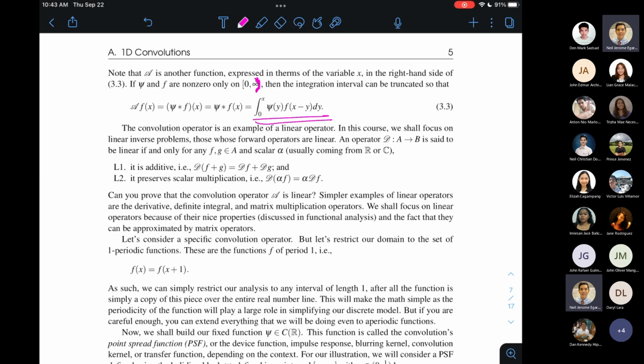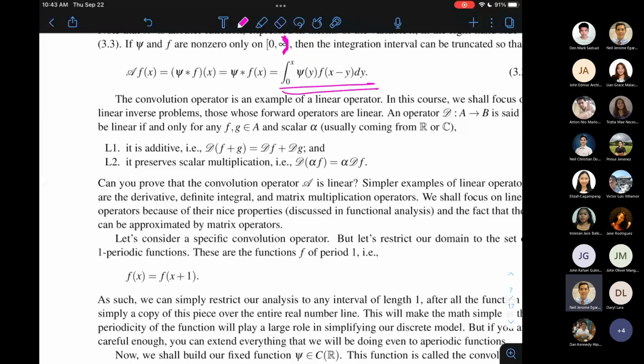Yung convolution operator natin ay linear, because it satisfies two properties, L1 and L2. We say an operator is linear if it is additive. Kapag ang image ng sum ay equal sa sum ng images, then we say that operator is additive.